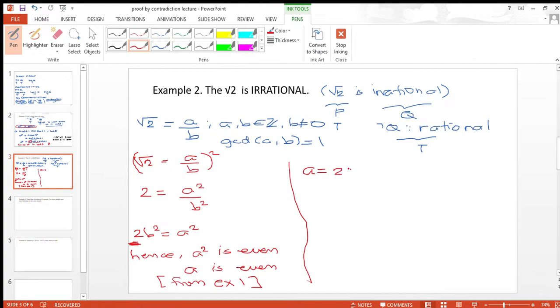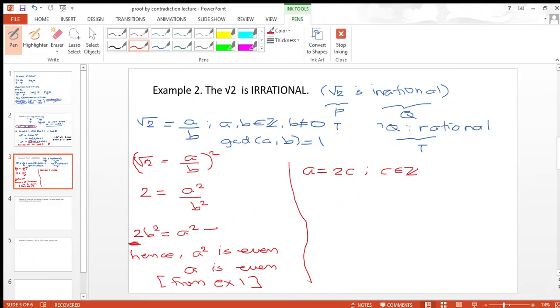Let's say c. So c is again an integer, because a is even. Therefore, a can be expressed as 2 times c, where c is an integer.